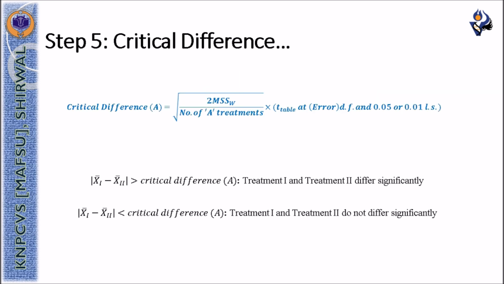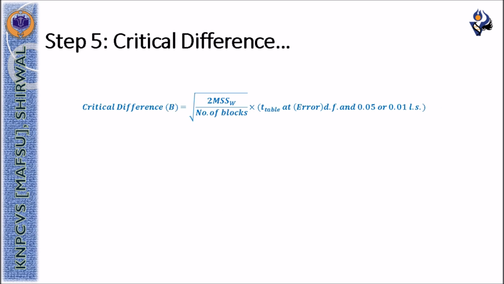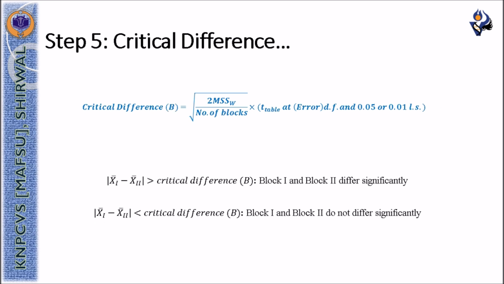If the mean difference between any two treatments is greater than the value of critical difference, then the said treatments are said to differ significantly. Whereas, if the mean difference between any two treatment means is less than the value of critical difference, then the treatment means do not differ significantly. The same is applicable for the block means.